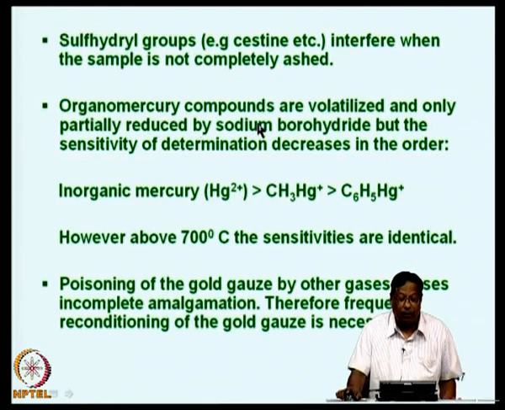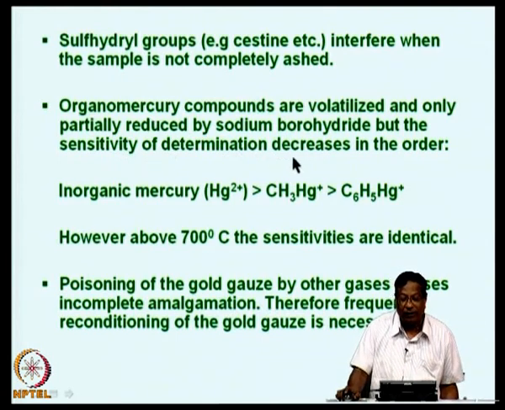Organomercury compounds are usually volatilized and only partially reduced by sodium borohydride, but the sensitivity of determination decreases in the order: inorganic mercury gives you maximum sensitivity, methyl mercury is slightly lower than that, and phenyl mercury is still less reactive.